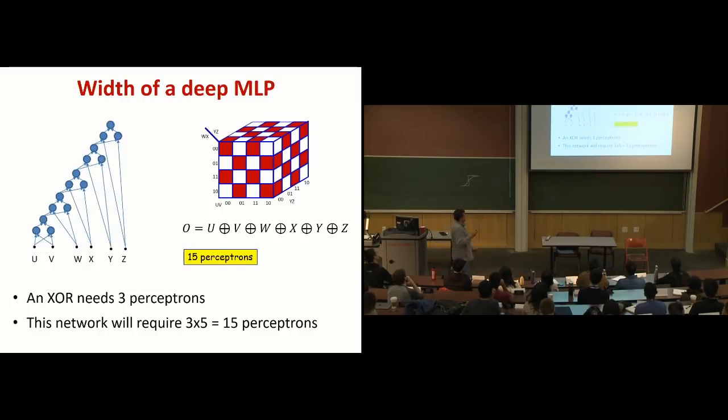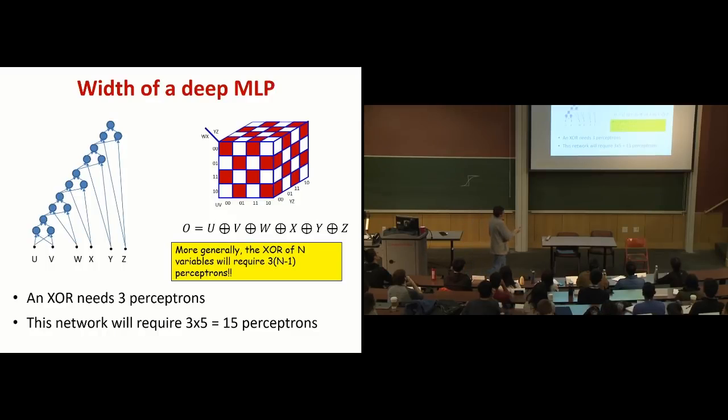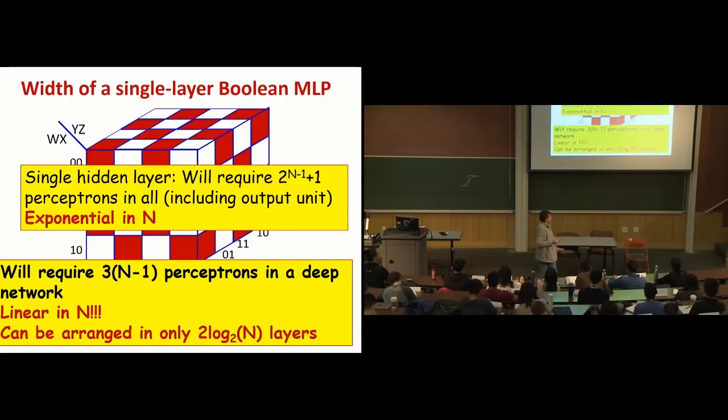So in other words, an XOR of n variables will only require 3 times n minus 1 perceptrons if I'm allowed to go deep, whereas if I'm fixing the depth to only 1, it's going to be exponentially large, right? So you see why. So a single hidden layer will require 2 raised to n minus 1, plus 1.